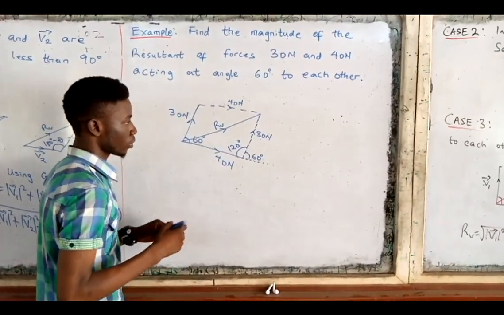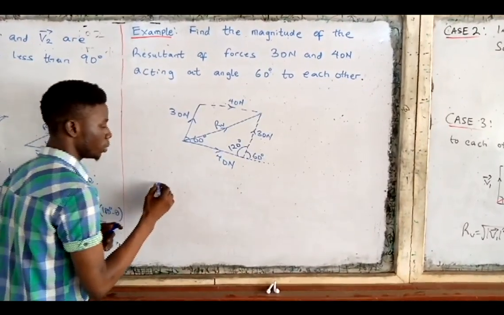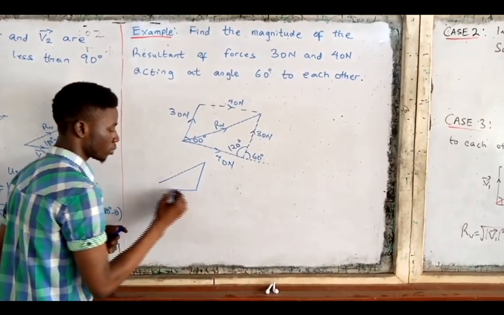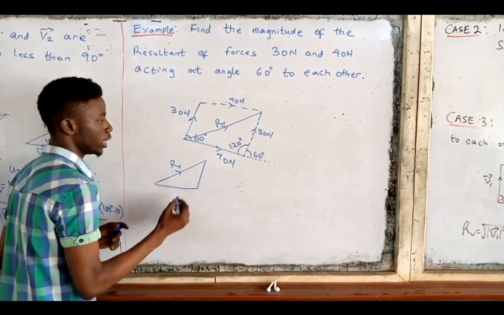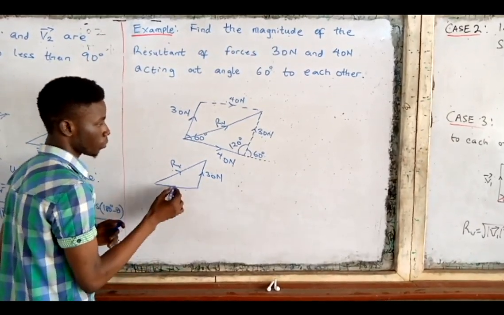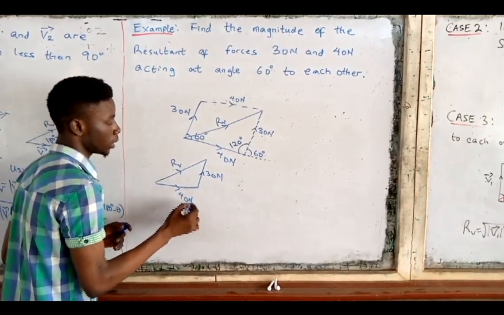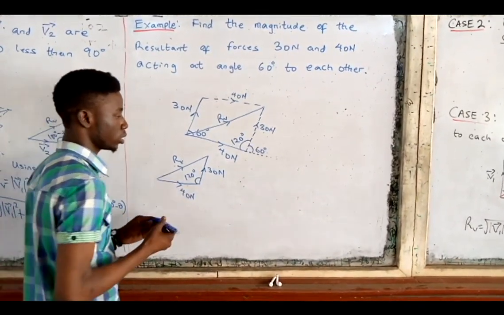Now, if I bring this triangle out, the resultant vector is here, we have 30 Newton here and we have 40 Newton here, and the angle here is 120 degrees.